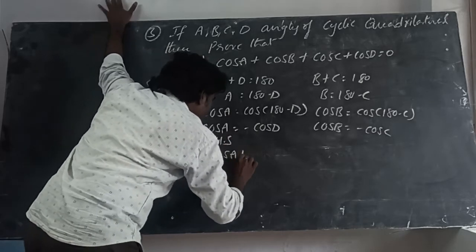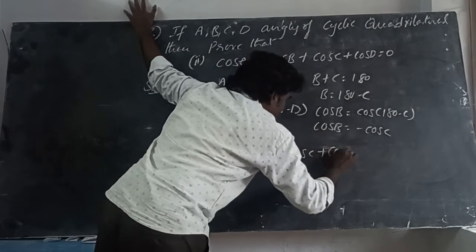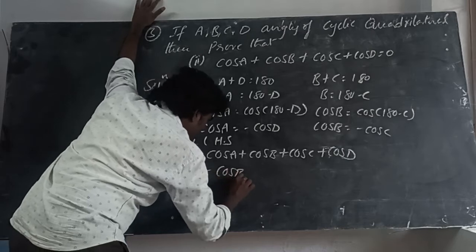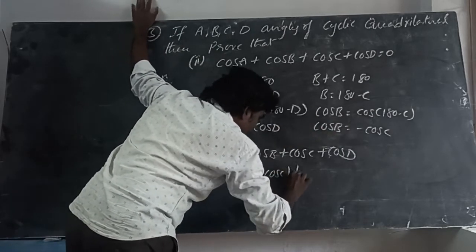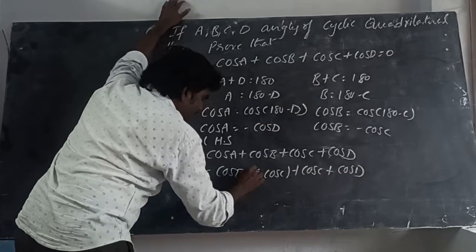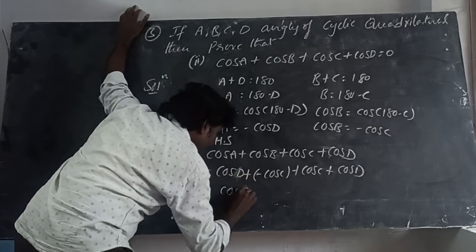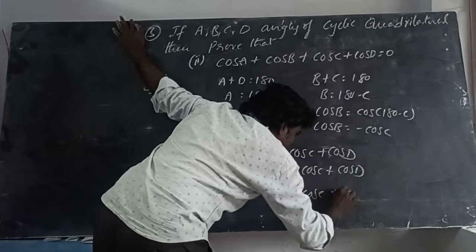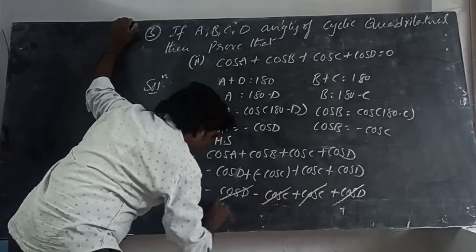Cos A plus cos B plus cos C plus cos D. In the place of cos A we can take minus cos D. In the place of cos B we can take minus cos C, plus cos C plus cos D. Minus cos D minus cos C plus cos C plus cos D. Plus cos D minus cos D plus cos C minus cos C, that is equal to 0.